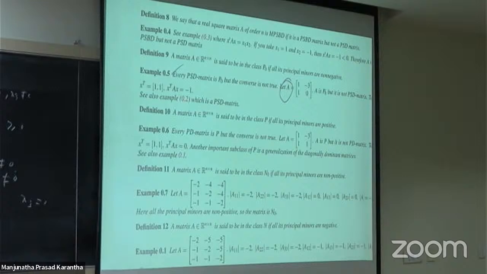So all principal minors are greater than or equal to 0, so it is P naught. But is it a PSD matrix? You can easily give a counterexample. So if you have the quadratic expression, what will this be?